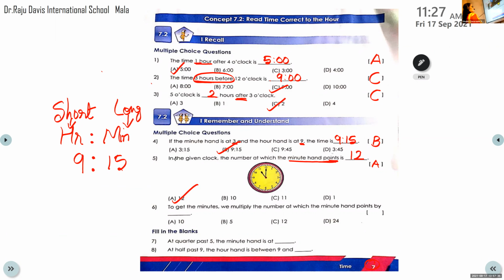To get the minutes, we multiply the number at which the minute hand points by dash. Suppose the minute hand is at 1. Then what will be the time over there?